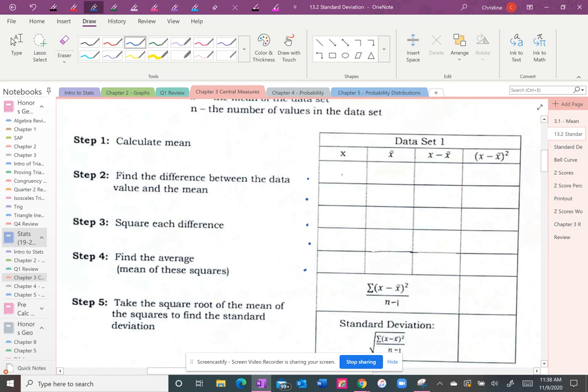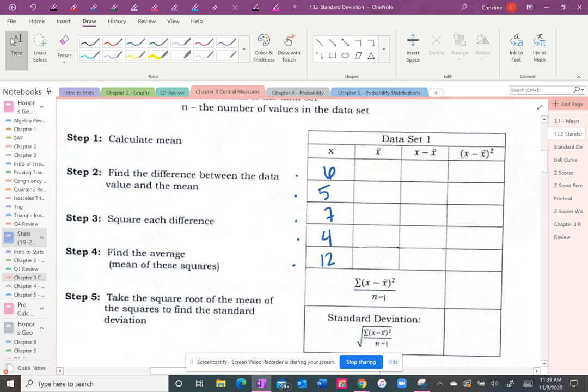I don't know what the numbers are exactly, but it's probably something close to like 6, 5, 7, 4, and I think you guys have a lot of people coming back. I think it's like 12, maybe 13. Let's go with 12, okay? So this is going to tell you the standard deviation of about how many people are going to be in each of your classes when you return next week.